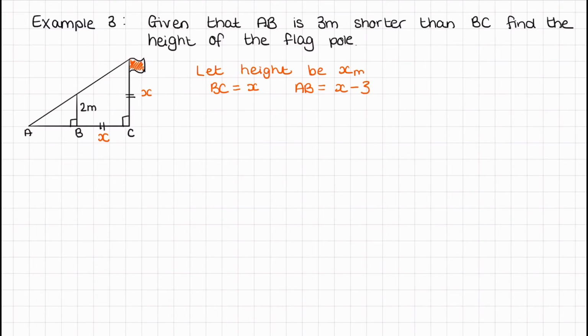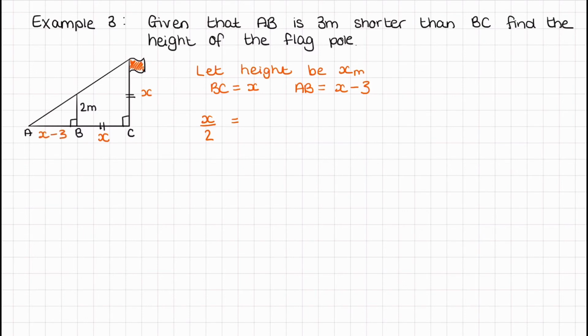Now when we have a triangle inside another triangle, as we do here, we've got a smaller triangle and a big triangle, the ratios between the corresponding sides is the same. So if we look at the flagpole side, which is x, the corresponding side in the smaller triangle is the 2. So the ratio of that has to be equal to the ratio of the base of the big triangle divided by the base of the smaller triangle.